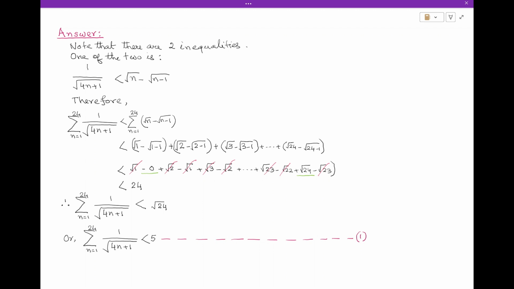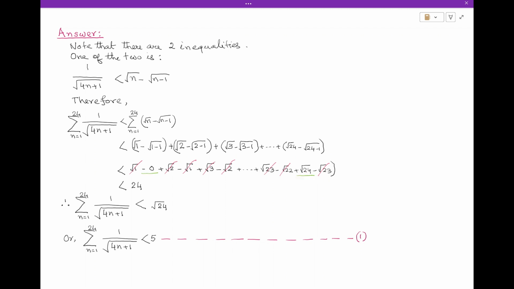Like this, the last term before the final term is square root of 23 minus square root of 22, and the final term is square root of 24 minus square root of 23. Note that many of the terms cancel out. The terms which cancel out have been cross marked with red, like this. So the only terms remaining are minus 0 here and plus square root of 24 here.